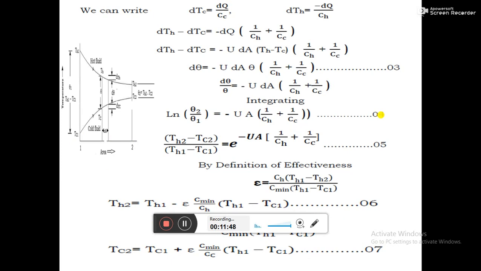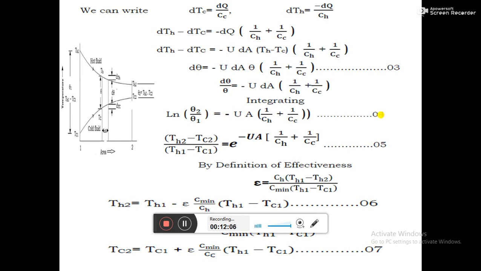From equation number 2, we can write dTc equals dq by Cc and dTh equals minus dq by Ch.